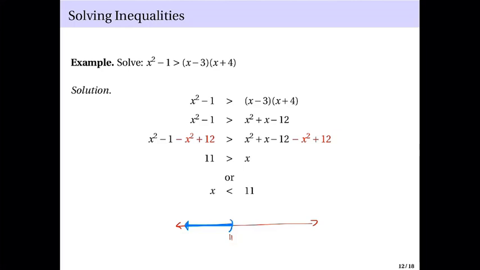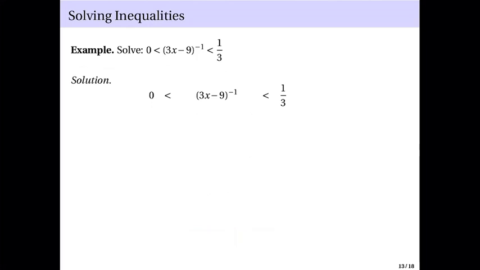Okay, so let's now go to this example. Here we have a chain of inequalities. You have 0 less than (3x minus 9) raised to negative 1, less than 1/3. Now, the left side and the middle only tell us that (3x minus 9) raised to negative 1 is a positive number.